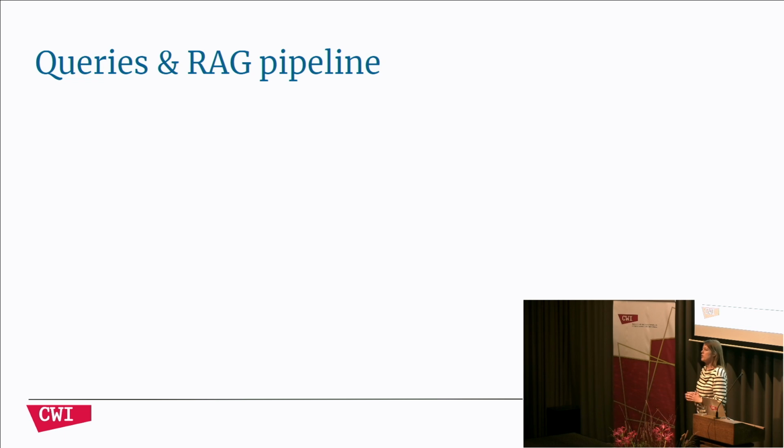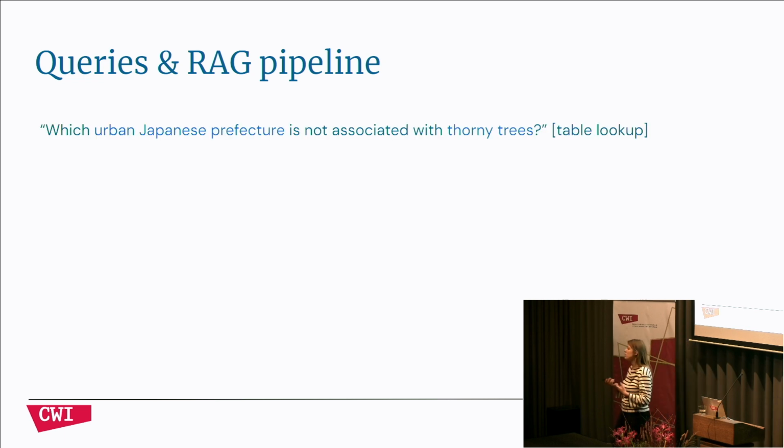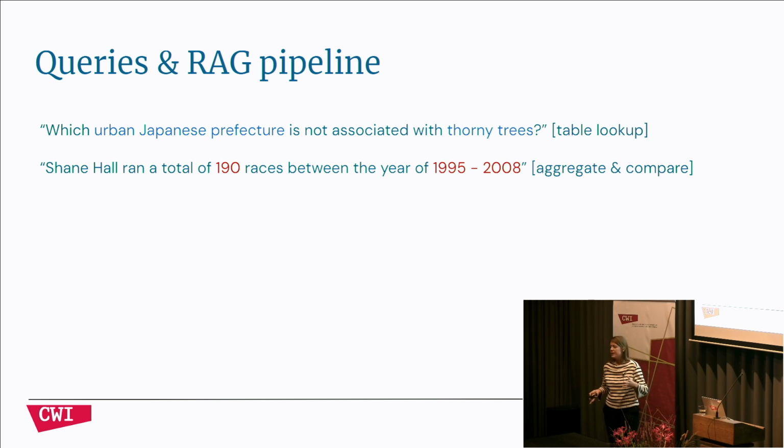So I will give you a few examples of questions that you might be asking that involve relational data. So for example, which urban Japanese prefecture is not associated with thorny trees? Apparently there's some data that stores that in a table.